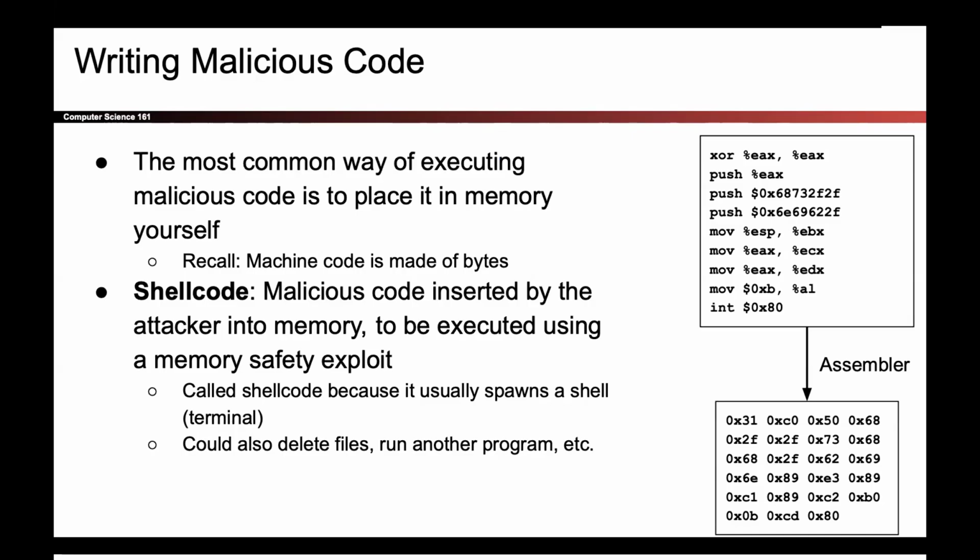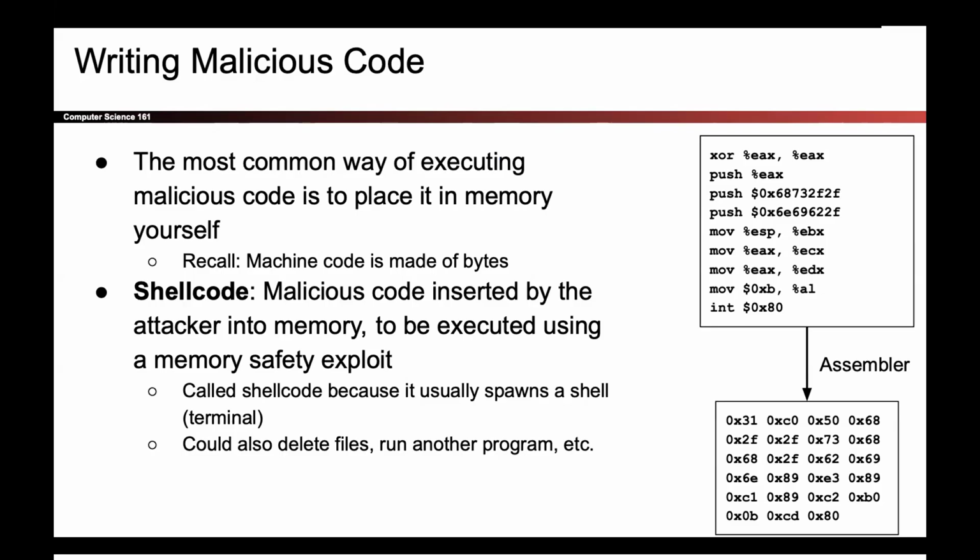They write their own code to do something bad, and they compile and assemble it to machine instructions. That is the malicious code that they arrange to have in memory, that they cause the program they're attacking to copy into memory.